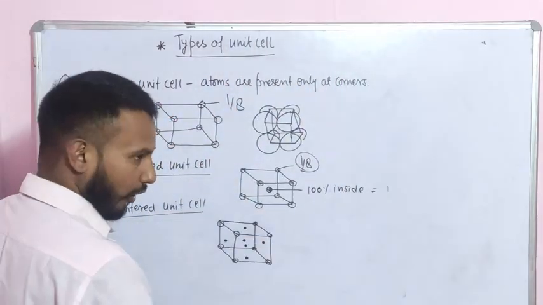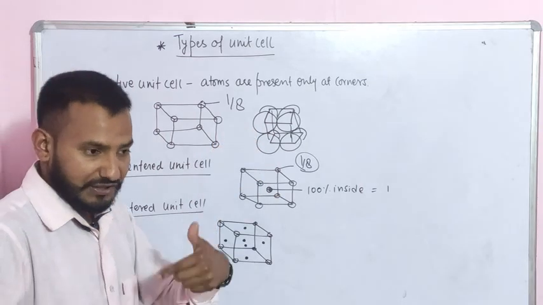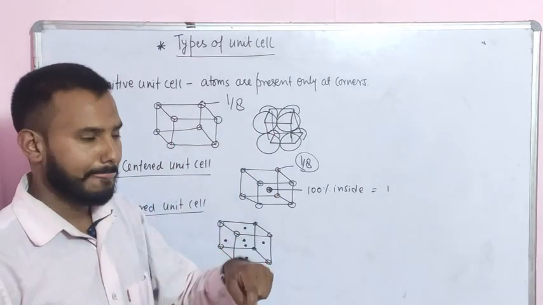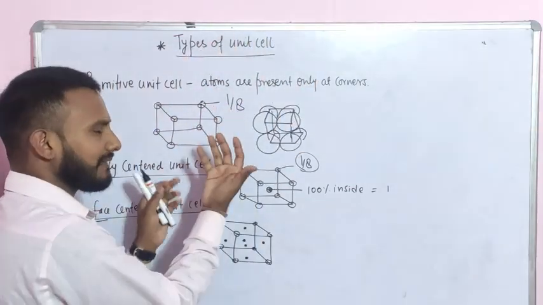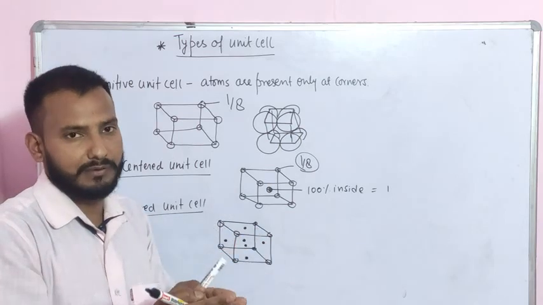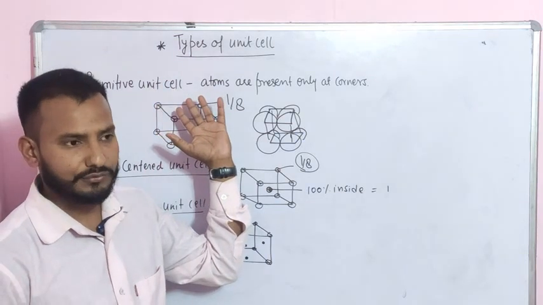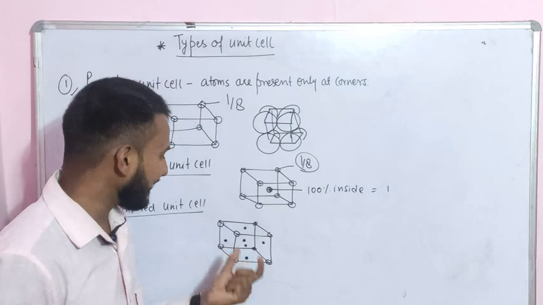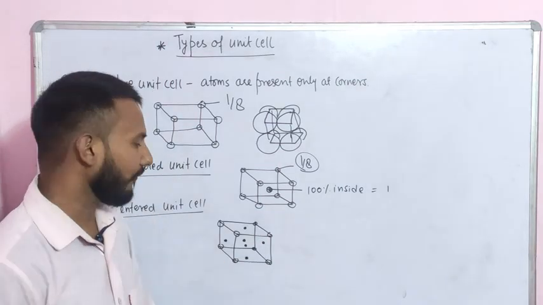Suppose this is a wall. Any atom is placed in this wall. So what is the contribution of that particular atom towards this cubic unit cell? If any football is placed in this wall, only half of the football will be present inside the room, and half of the ball will be outside this room. So the contribution of the atom present at the center of a face towards this cubical unit cell will be half only.